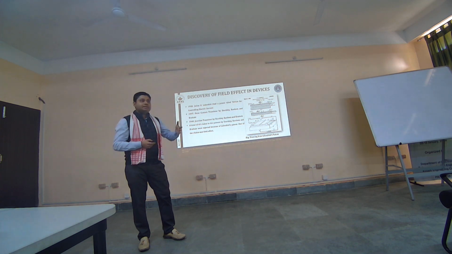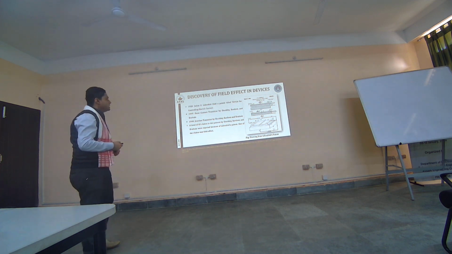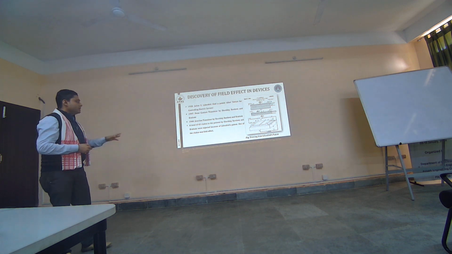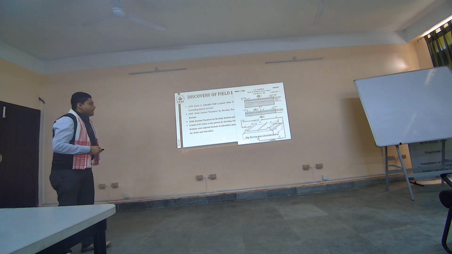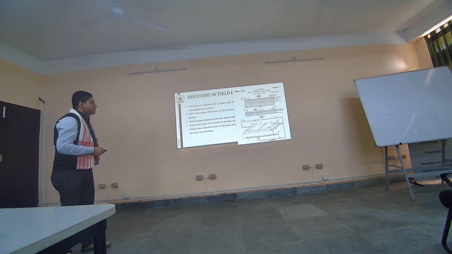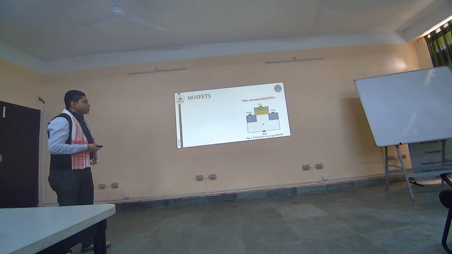But most of them were rejected because Lilienfeld had already filed this patent for a device for controlling electric current. This is one of the instances in history, and this happens to be the diagram which Lilienfeld filed in his patent. And after that, we already know about MOSFETs.